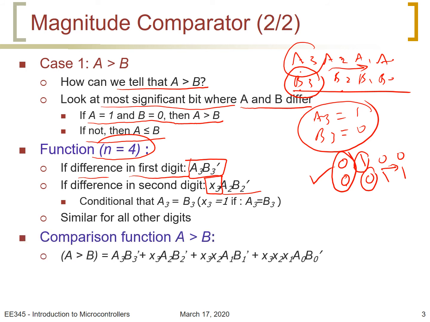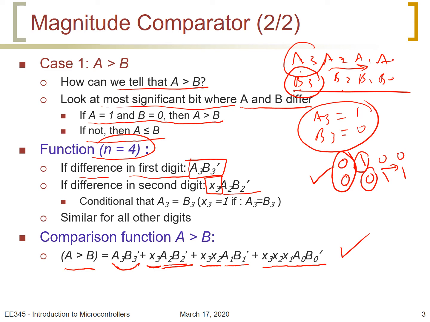The function A is greater than B is equal to A3 B3 prime, which means A3 is 1 and B3 is 0, or X3, which is A3 is equal to B3, and A2 B2 prime, which is A2 is 1 and B2 is 0, or X3 and X2, which means the first two bits of A and B are equal to each other, and A1 B1 prime, or finally X3 and X2 and X1 and A0 B0 prime.